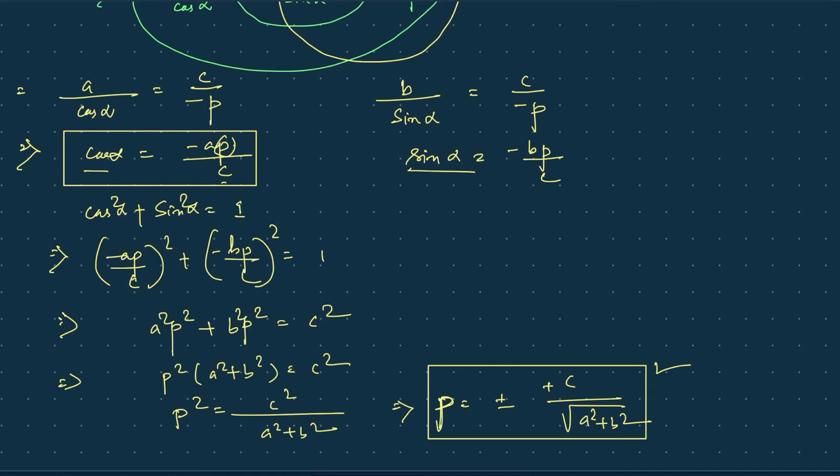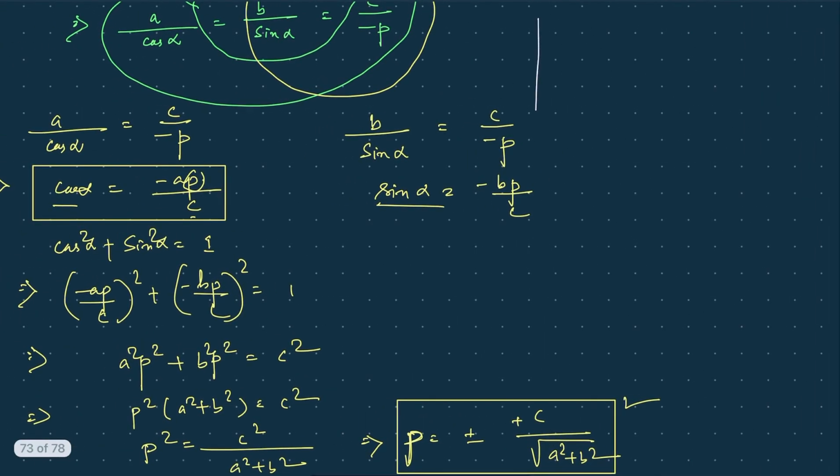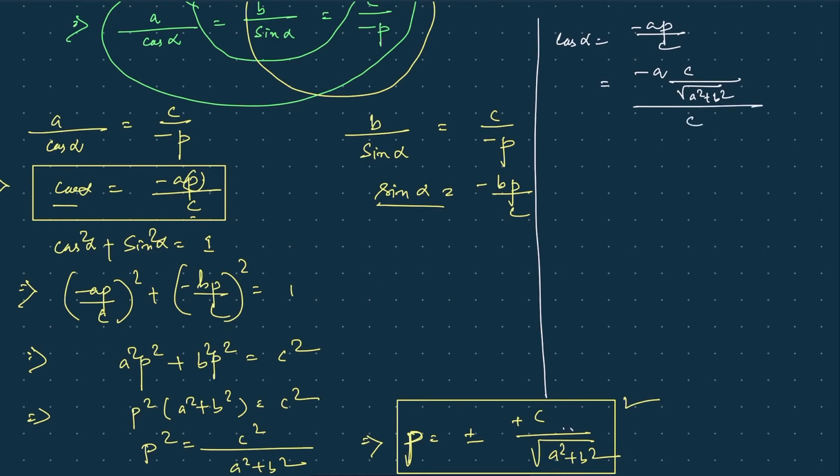We get cos alpha is equal to minus ap divided by c. But what is p? p is equal to c divided by the square root of a square plus b square. So the c will cancel out, and the answer will be minus a divided by the square root of a square plus b square.